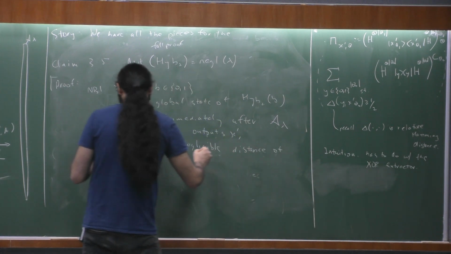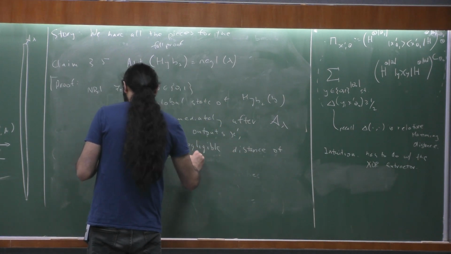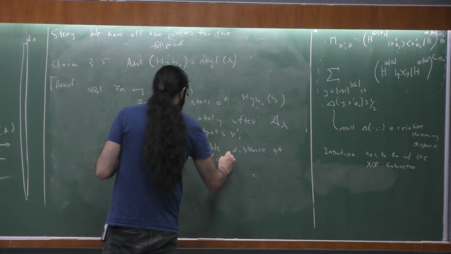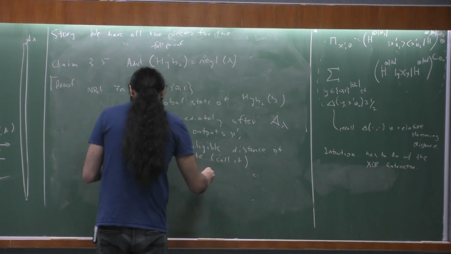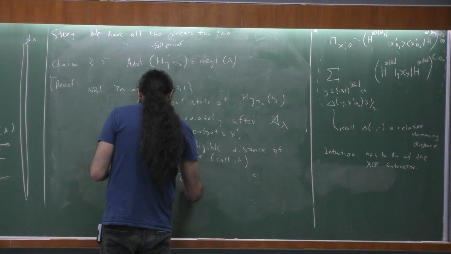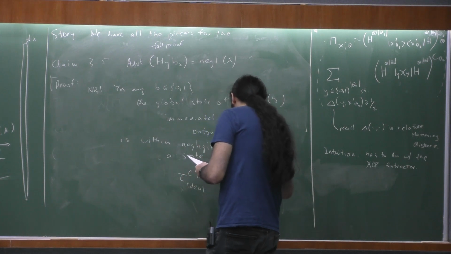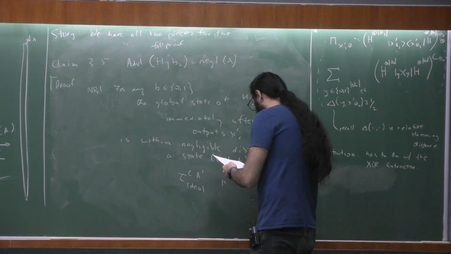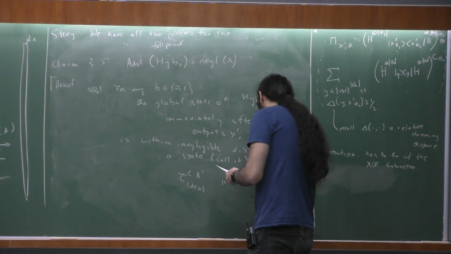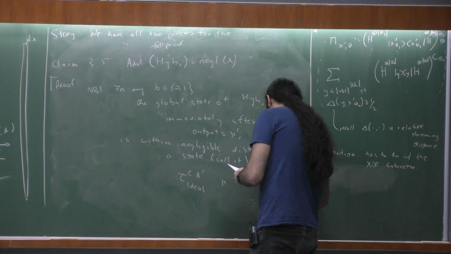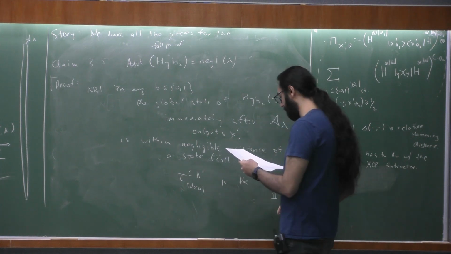of a state which we'll call tau ideal C A prime in the image of identity minus pi x prime theta.